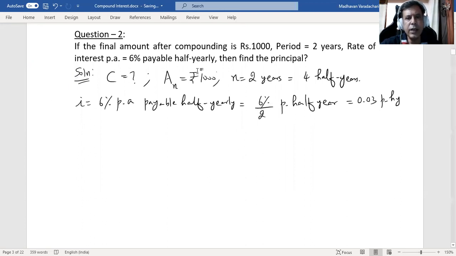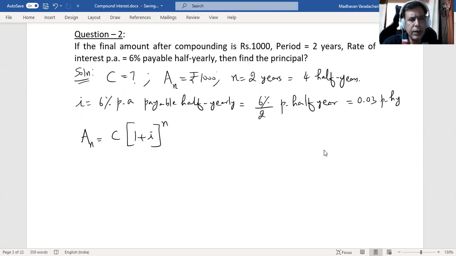So that is basically our conversion period. Now, the formula for compounding is A_n equal to C times (1 plus I) to the power of n.